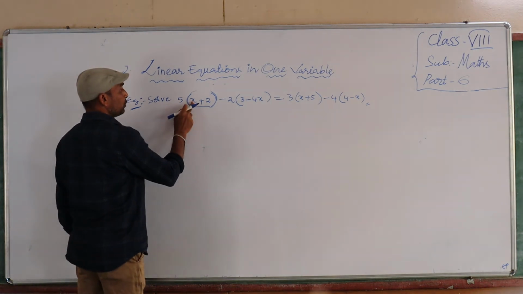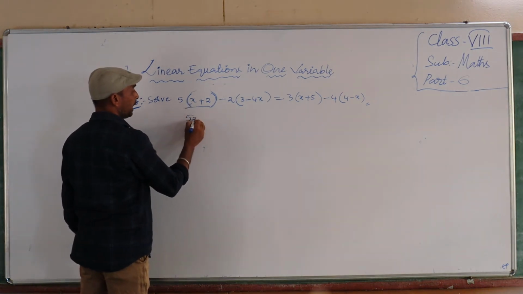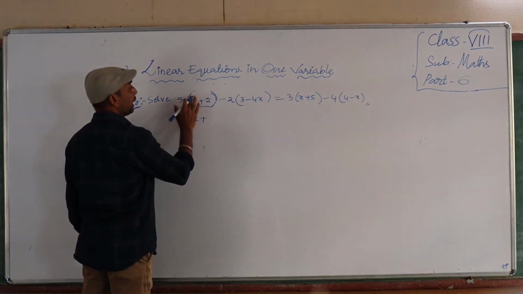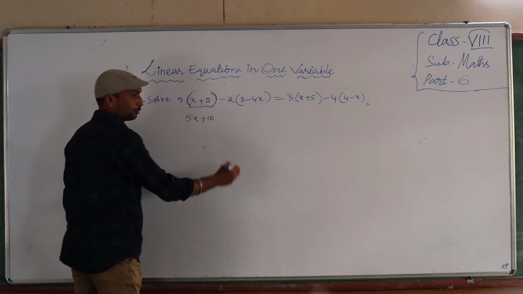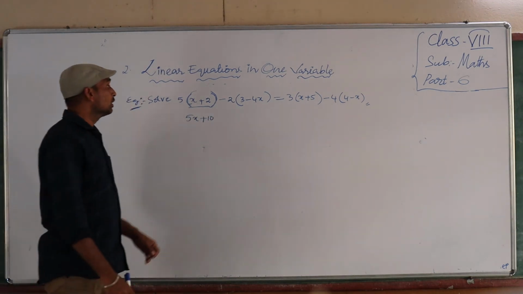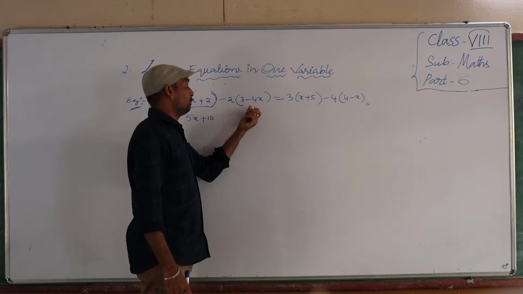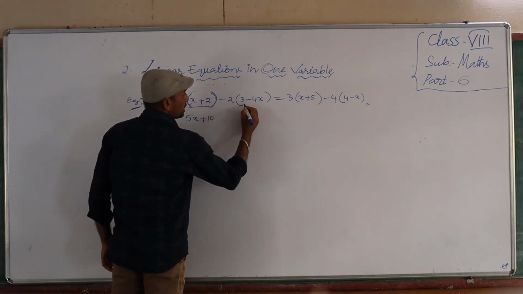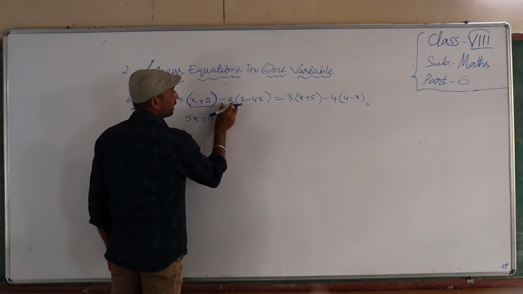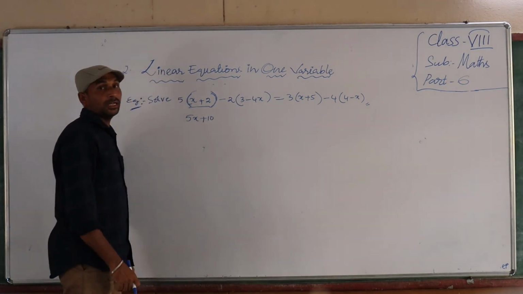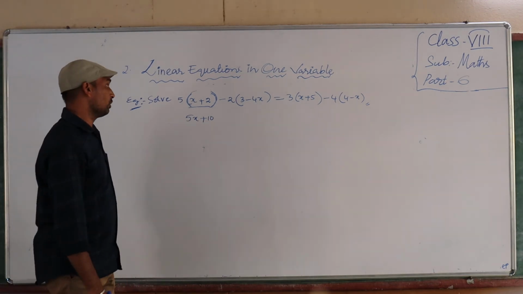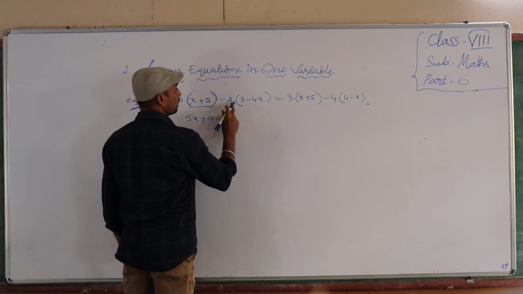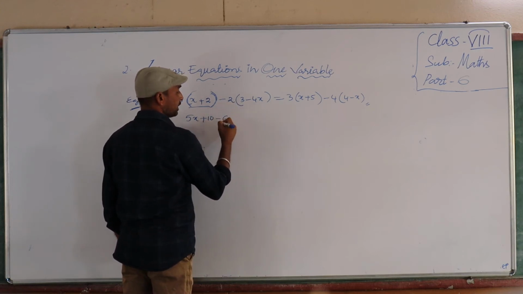So 5 into x, 5x, now middle plus symbol, same as it is, 5 twos are 10. Now this is to be done very carefully, because here in the middle is a minus symbol. So see, this binomial is multiplied by minus 2. So here symbols also we should multiply. Minus into plus, minus 2 threes are 6.